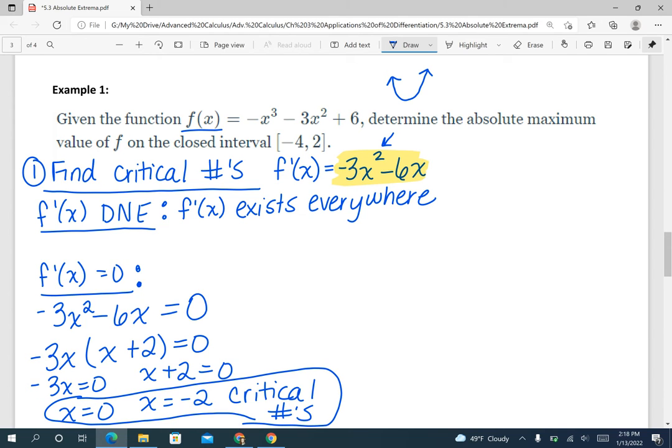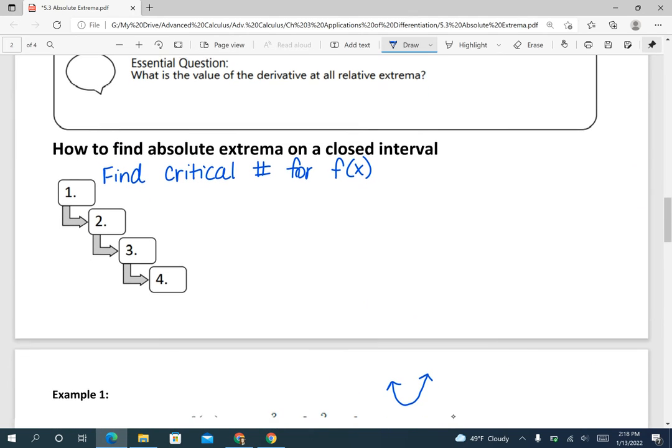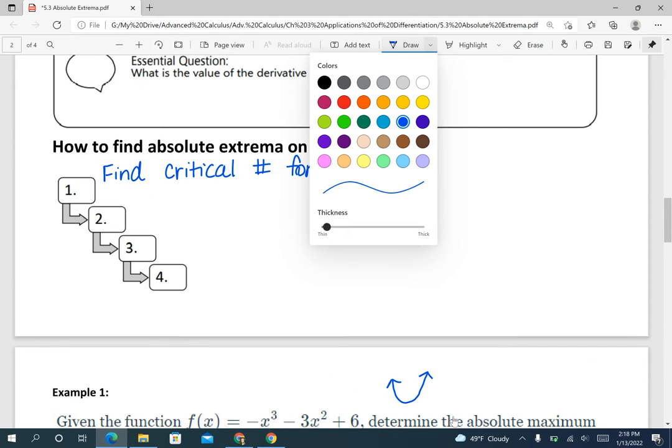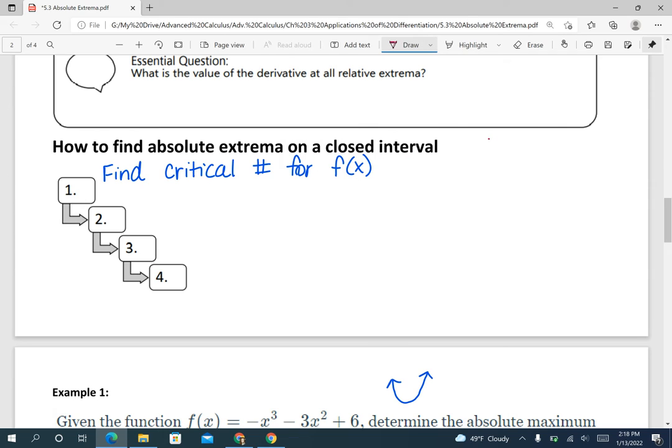Okay, so that's step 1. Find your critical numbers. Step 2. After you find your critical numbers, you're going to evaluate f, not f prime, f, so the original function, at each critical number.